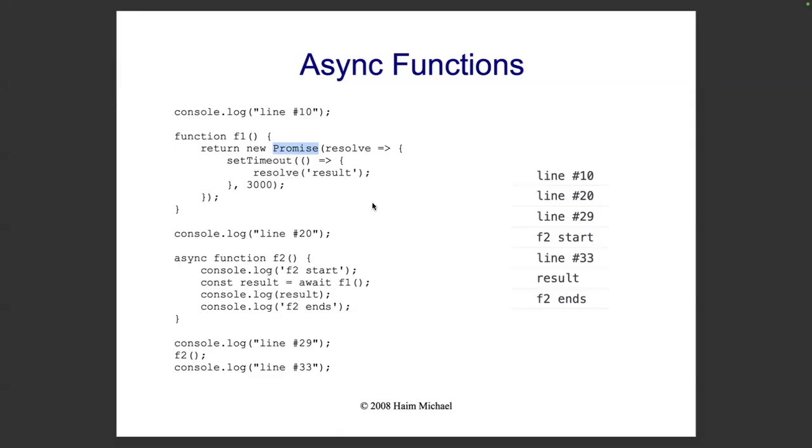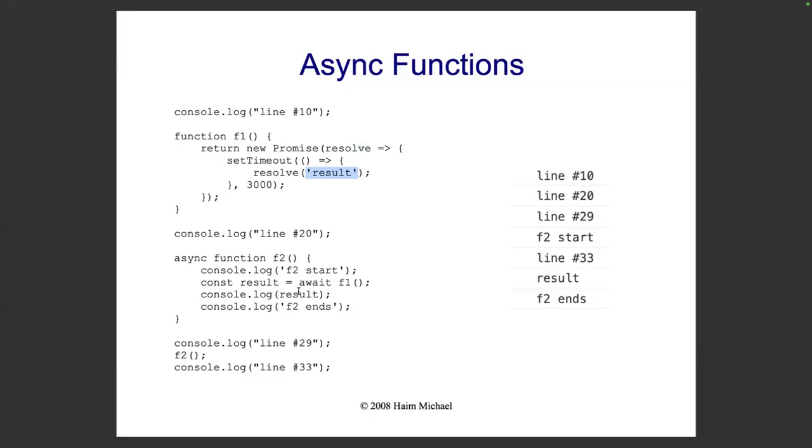In any case, that function has two parameters. In this case, I wrote only one, but it should be two parameters. It means that if the first function that is passed over to the first parameter is invoked, then the promise changes its state from pending to fulfilled, and whatever you pass over to that resolve function, the first function, this is what the await keyword will take out and return.